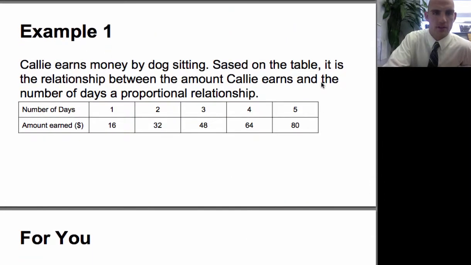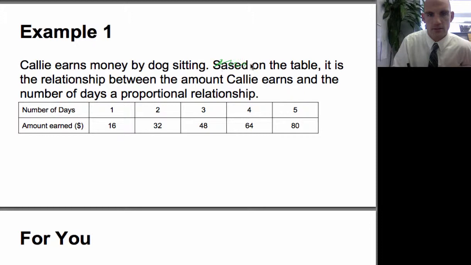Here's an example. Callie earns money by dog sitting. This should be based on the table. It is the relationship between the amount Callie earns and the number of days a proportional relationship. Well, let's look. If she dog sits for 1 day, she gets $16. So we could say 16 per day.